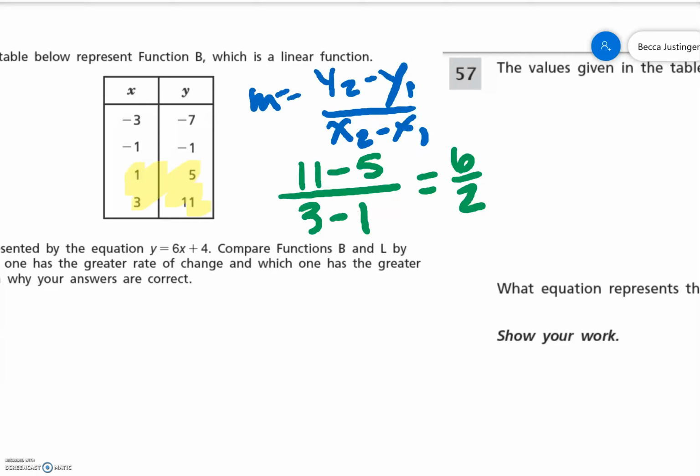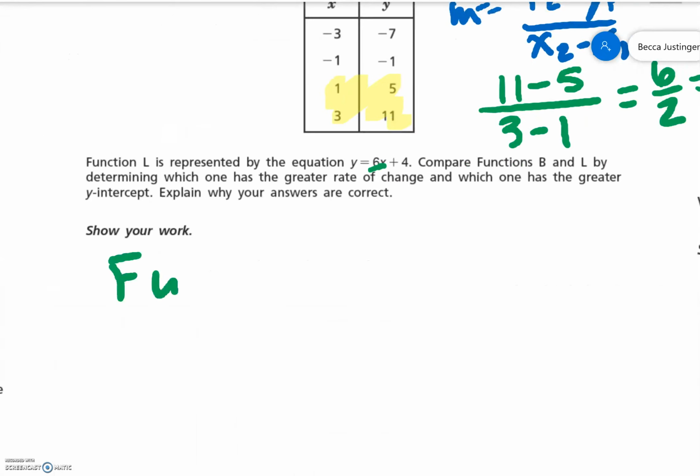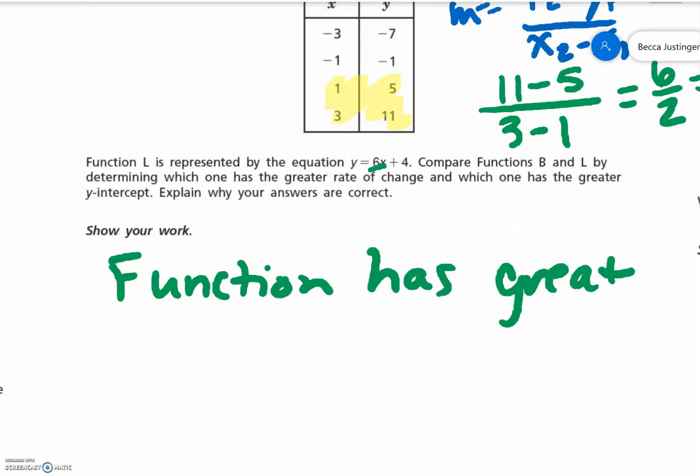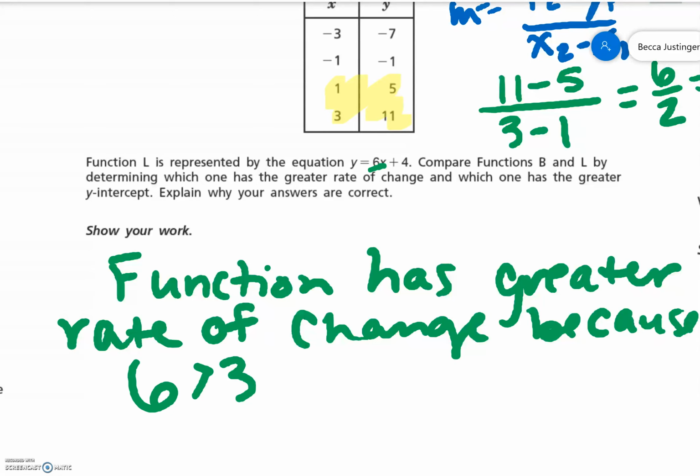So the slope for function b is 3. And the slope for function L is 6. So function L has a greater rate of change because 6 is greater than 3.